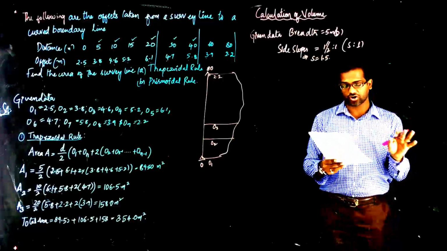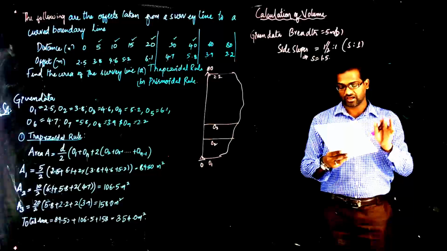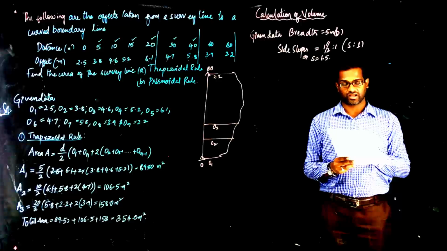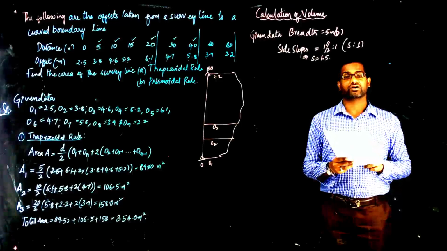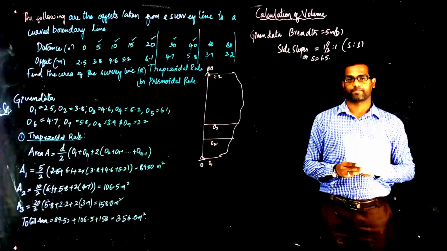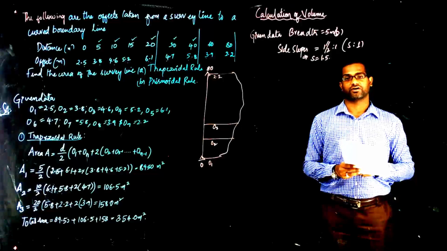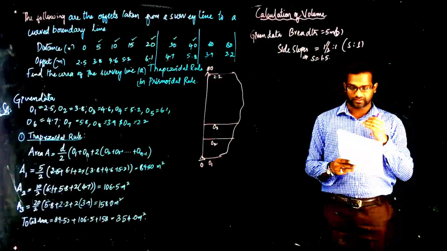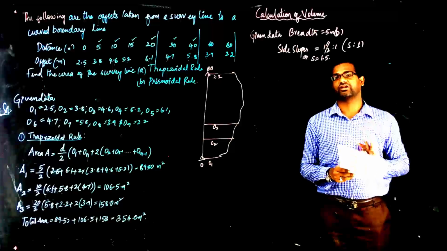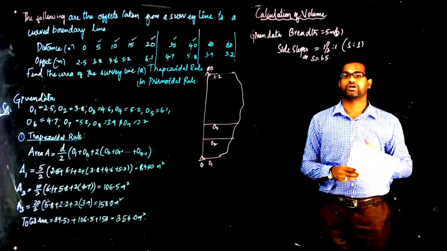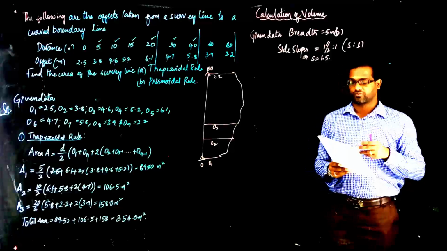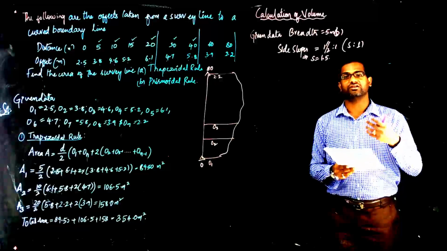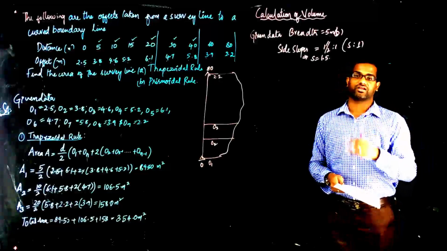Continuing the problem: there is no cross slope in the direction across the length of the cutting. What does it mean? The cross section is a level section, not a two-level or three-level section.